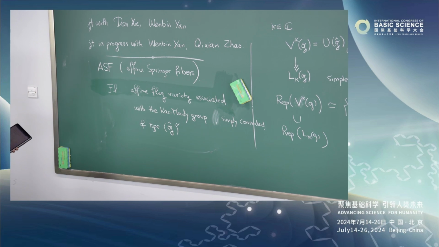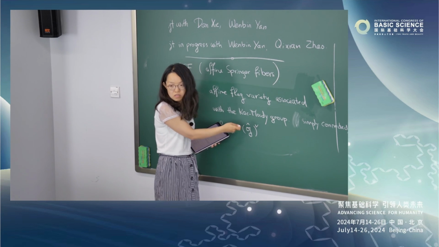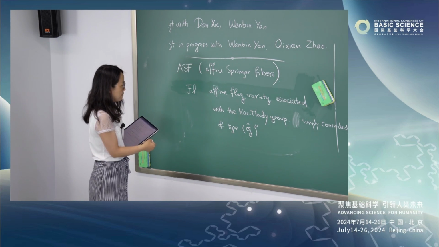Okay, so in particular, when G is not simply laced, this is a twisted affine algebra.